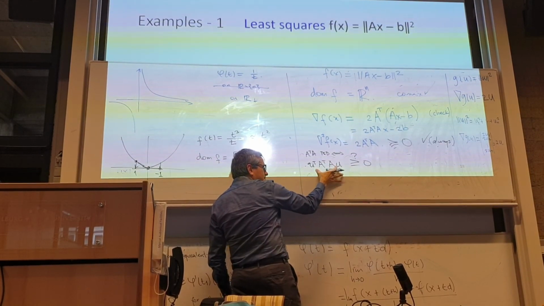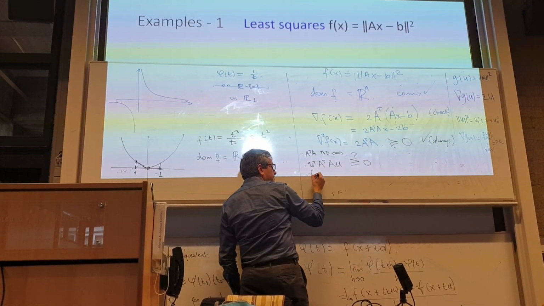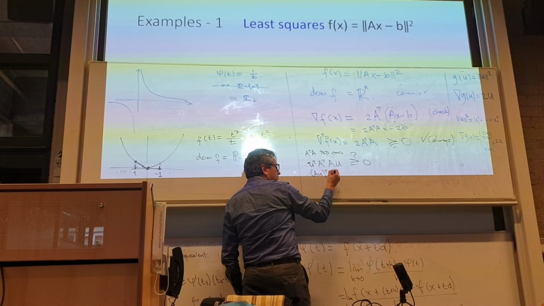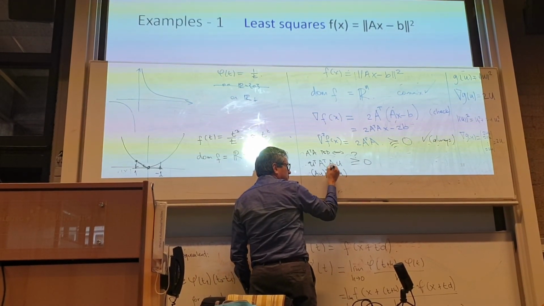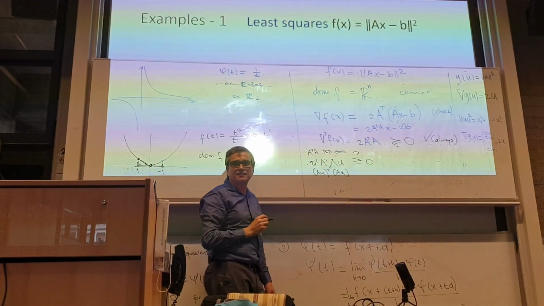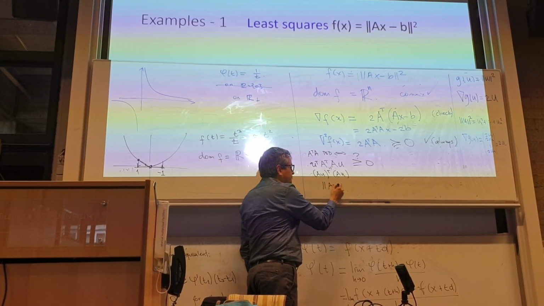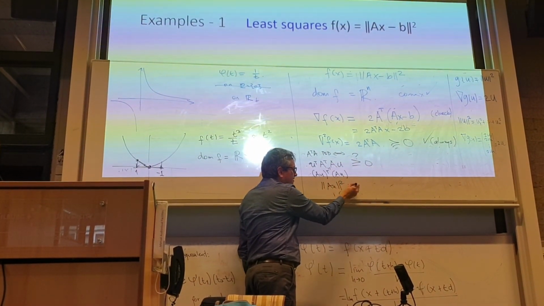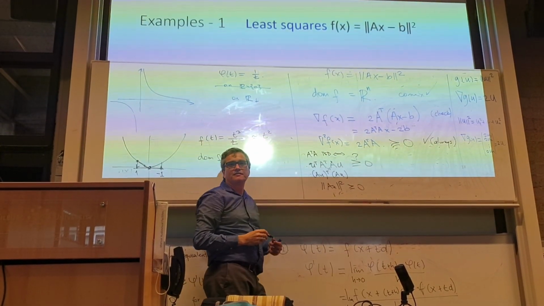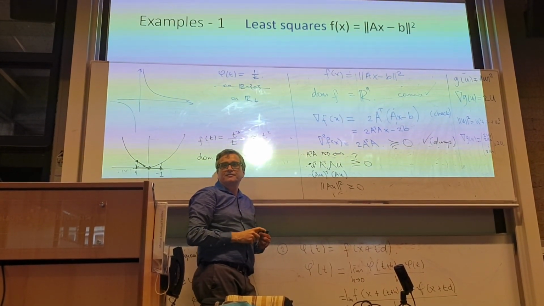But what is this? Well, this is Au transpose Au, and this is the norm square of Au. And this is always greater than or equal to 0.